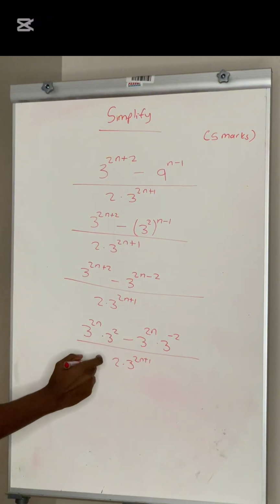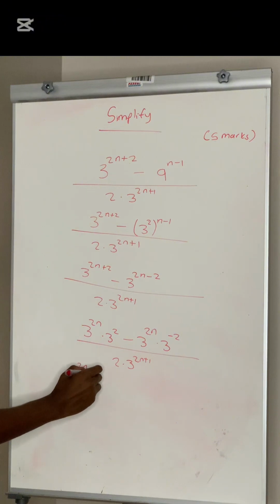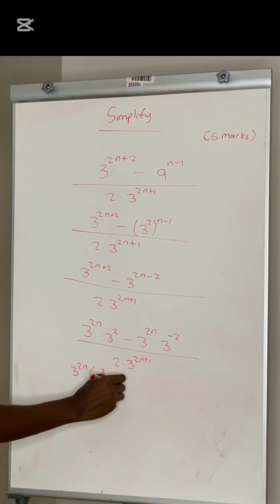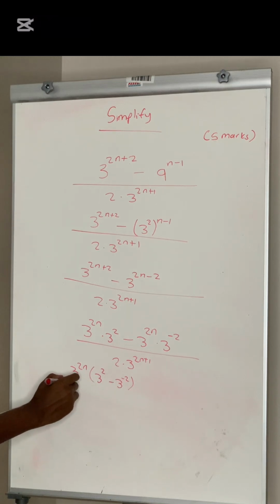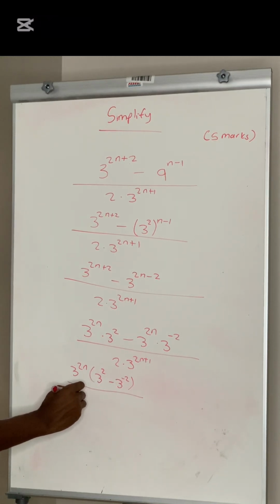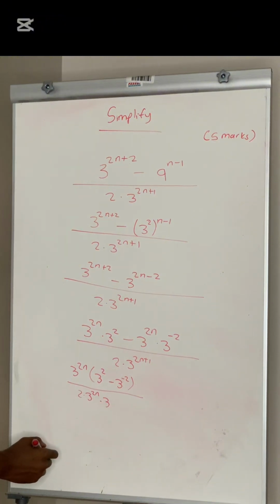So the common factor here is 3 exponent 2n, and we're going to be left with 3 squared minus 3 exponent negative 2, all of that divided by 2 times 3 exponent 2n times 3 exponent 1.